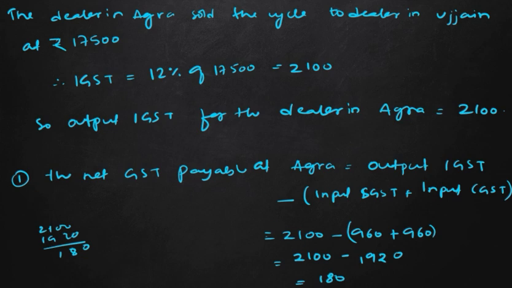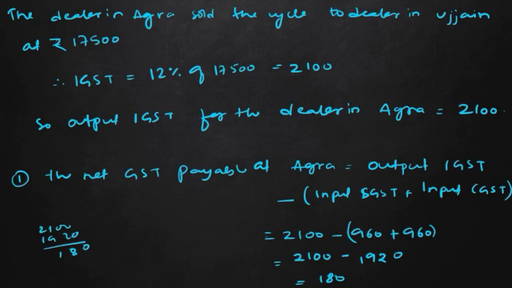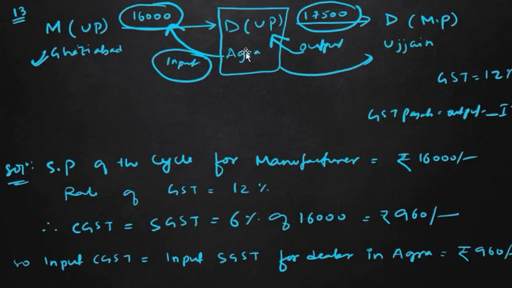And the second part. It is asked: what is the input tax credit, ITC, for the dealer in Ujjain? Now, if we see the map again, the second question states: what is the ITC for this dealer in Ujjain?